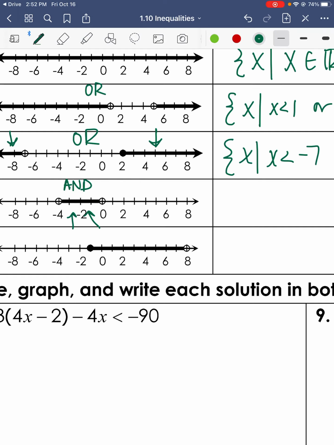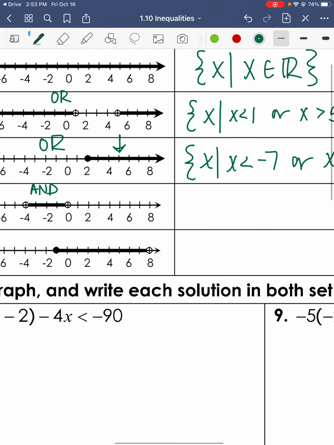So remember when I said an and inequality means x has to be part of this set and part of this set. So we're going to look at the x values that match both. Here it looks like it has to be bigger than -4 but less than 0, and it has to satisfy both of those requirements. And that's how we represent it on the graph like that.